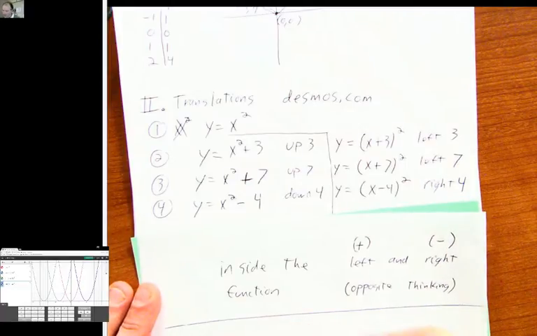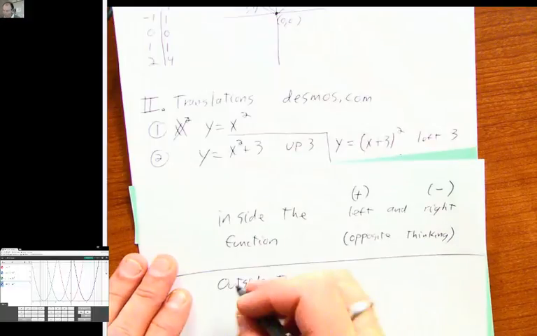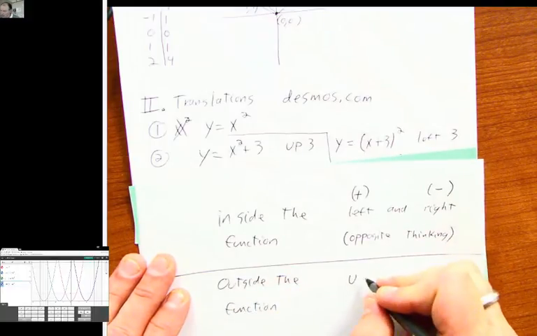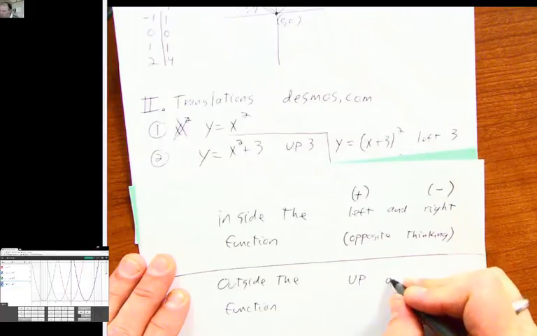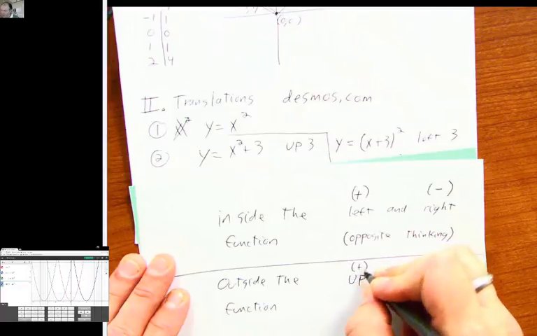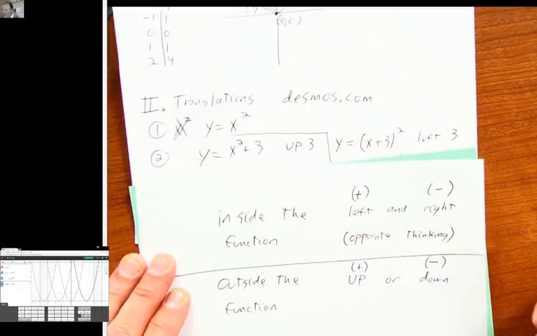Outside the function controls whether it's going up or down. And up is the addition, down is the subtraction, and it's not opposite thinking.